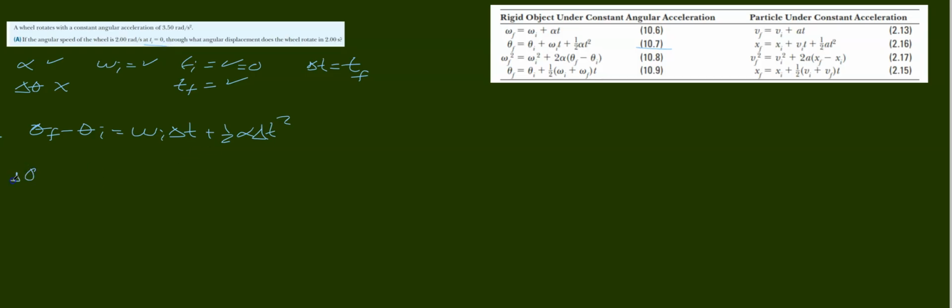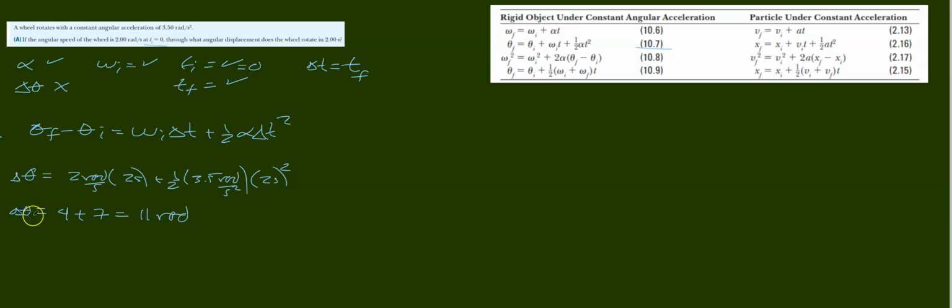So delta theta is the initial velocity of 2 radians per second times 2 seconds plus 1/2 the alpha, 3.5 radians per second squared, times 2 seconds squared. So this gives you 4 plus 7, it's 11 radians.